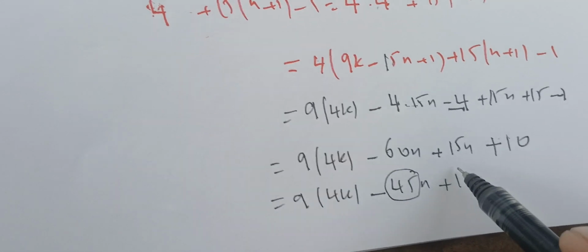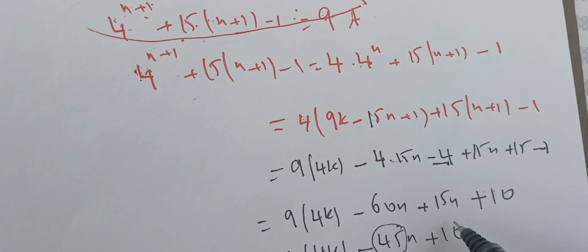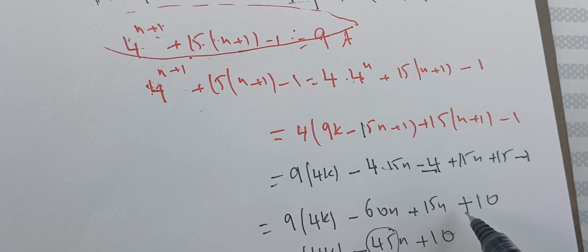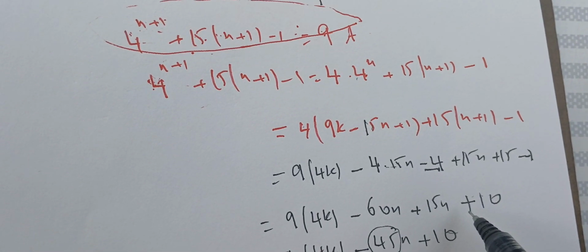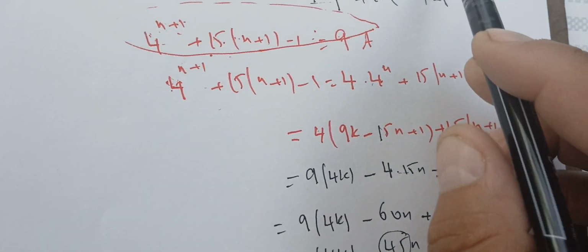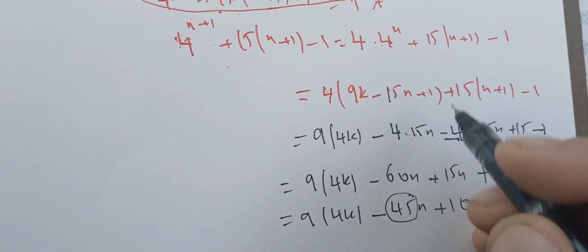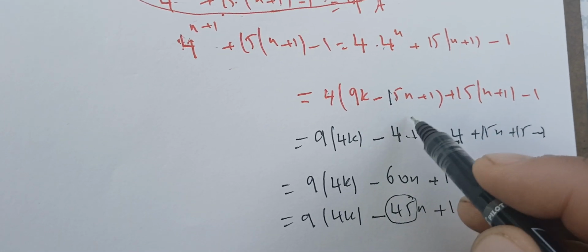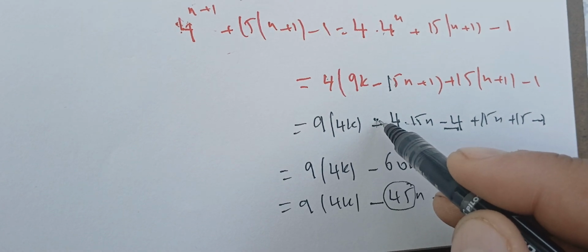But the issue is, I have a plus here. So 9k plus 1, so it's plus 1. I have this plus 4 here.